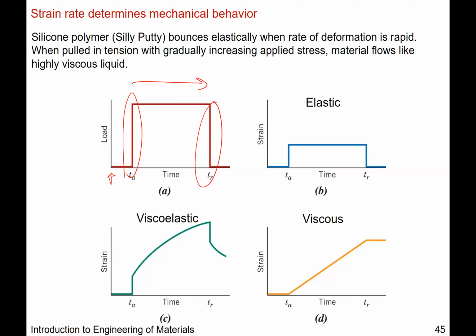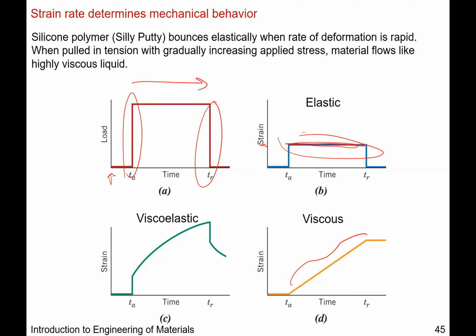Well, for an elastic response, the strain remains the same. So you see here, the strain plateaus out, right? There's no change in the strain. If it's a viscous material, the strain linearly increases, as you see here.